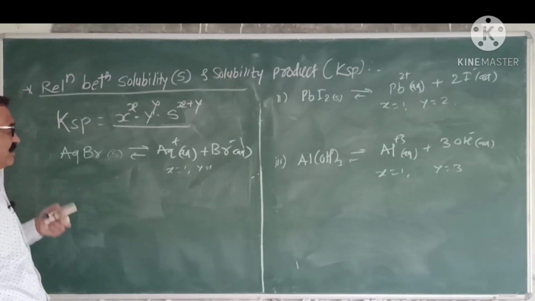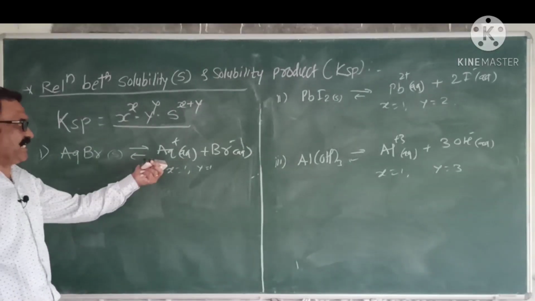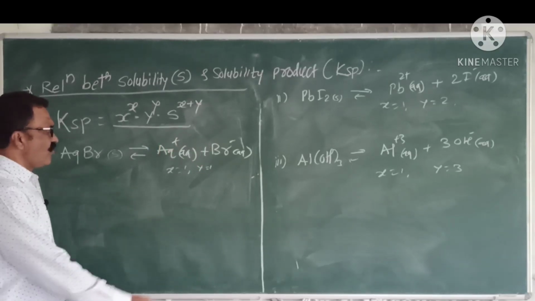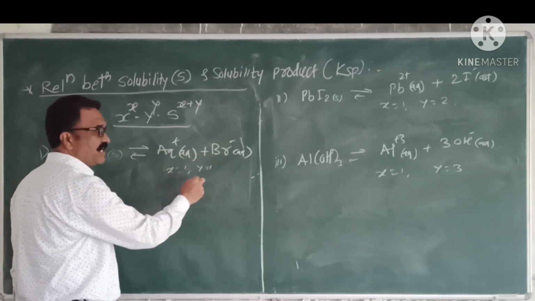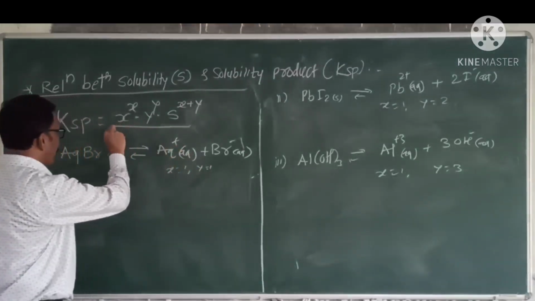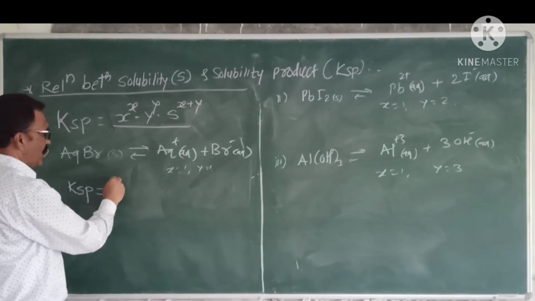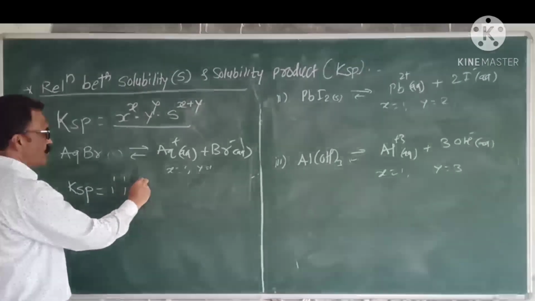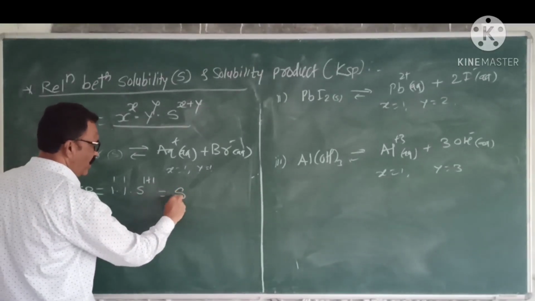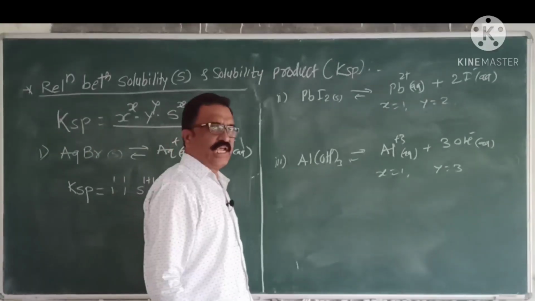Let us consider some examples. The first sparingly soluble salt is silver bromide, AgBr, which gives Ag+ aqueous plus Br- aqueous. Here the coefficients of Ag+ and Br- are both equal to 1, hence X is equal to 1 and Y is equal to 1. Hence Ksp becomes 1^1 into 1^1 into S^(1+1), so the solubility product for such a salt is equal to S square.